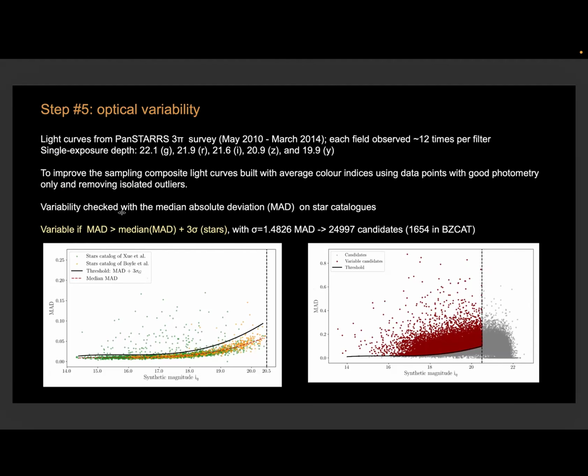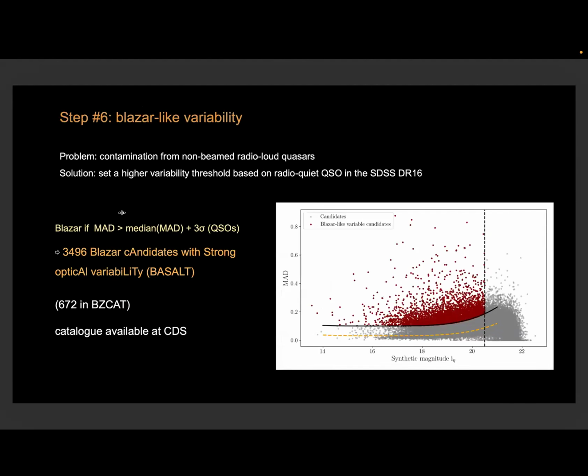But we are still handling 25,000 objects, so we investigated what this big sample contains, and we realized that we still have a lot of normal radio quasars inside this.